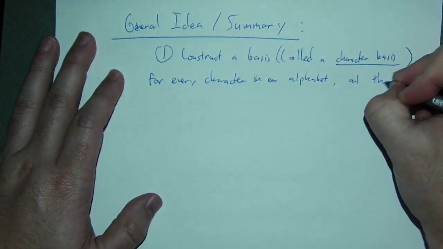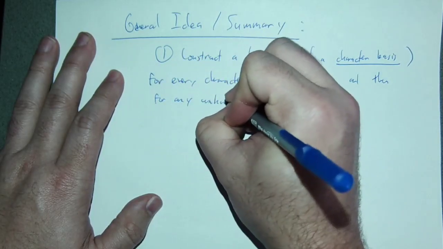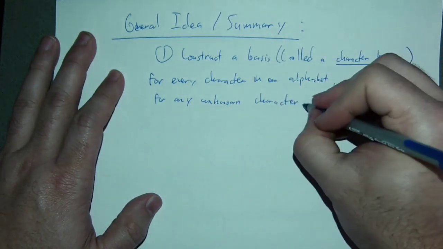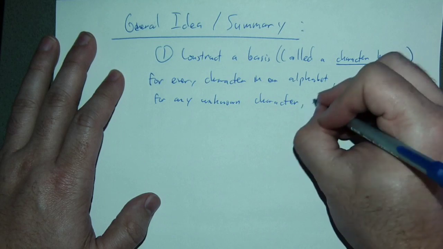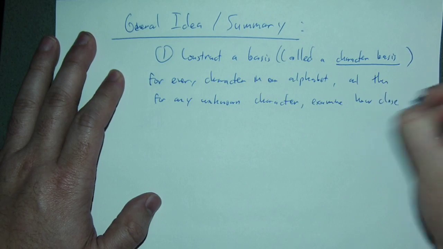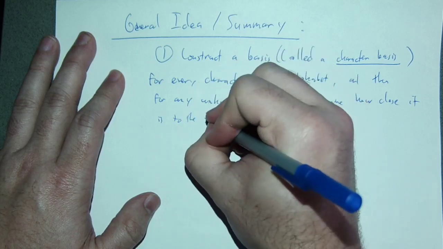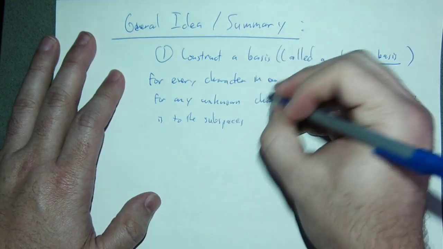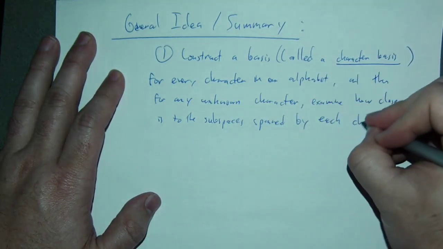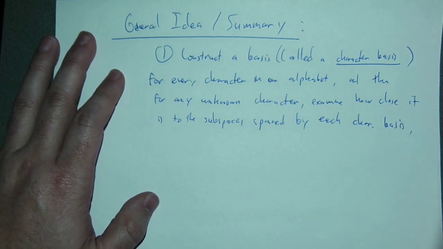And then for any unknown character, examine how close it is to the subspace spanned by each character basis, and pick the one it's closest to.